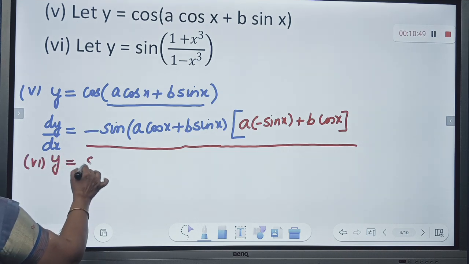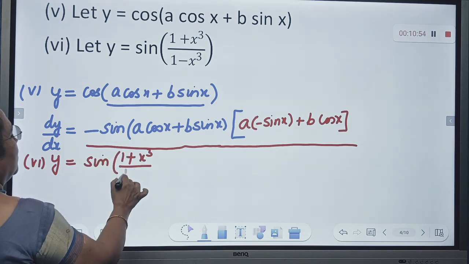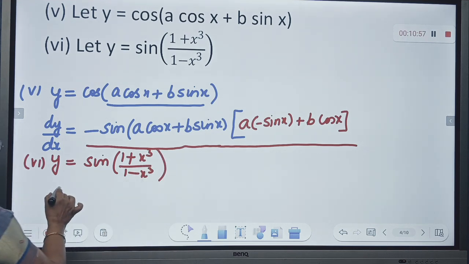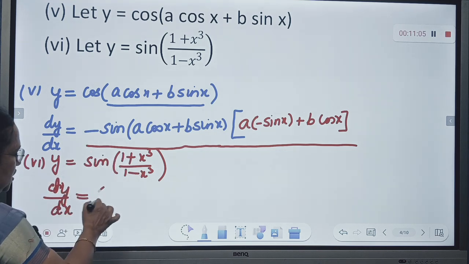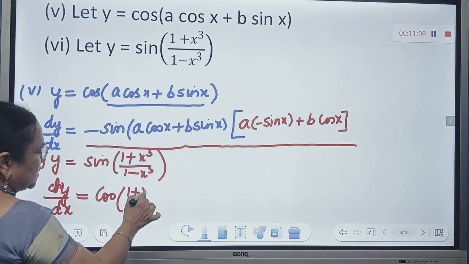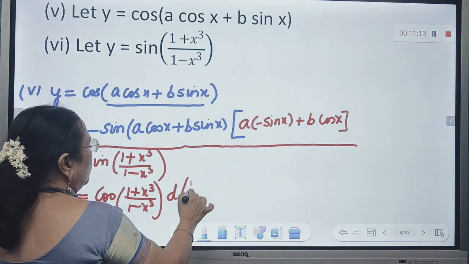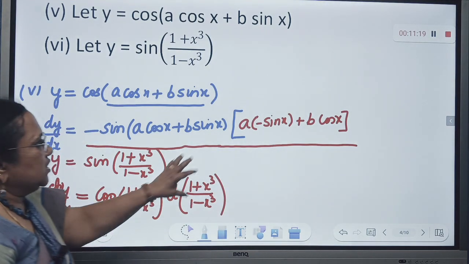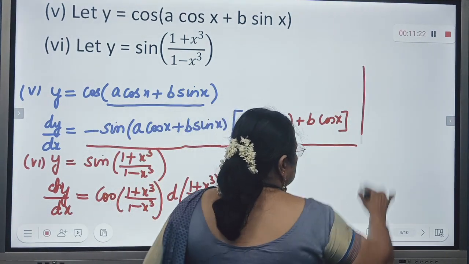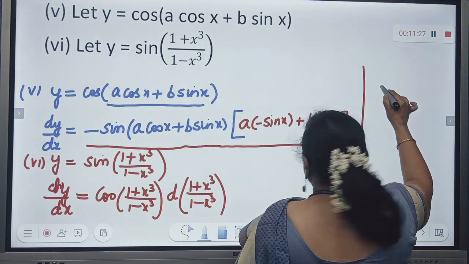y equals sine of (1 plus x cube) by (1 minus x cube). So dy by dx will be, sine theta, if you differentiate, I will get cos theta. So cos of (1 plus x cube by 1 minus x cube) into the derivative of (1 plus x cube by 1 minus x cube). Let me do this separately so that you understand, and then we will substitute here. What will be the derivative of 1 plus x cube by 1 minus x cube?